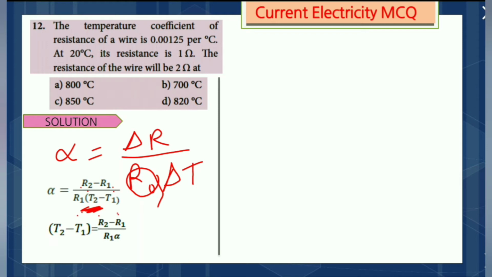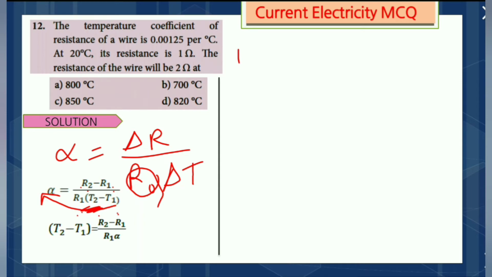Okay, so once again we rearrange the formula. We move this term to here. T2 minus T1 is equal to R2 minus R1, and this alpha goes to here, so R1 into alpha. Now we substitute all these values.